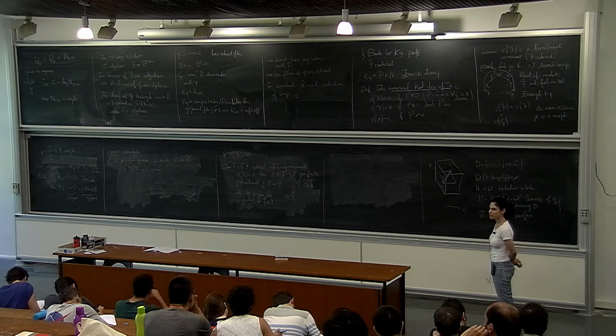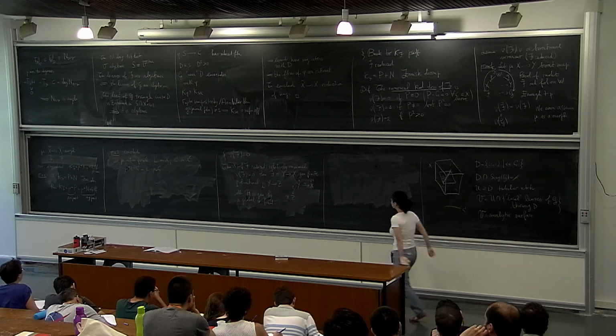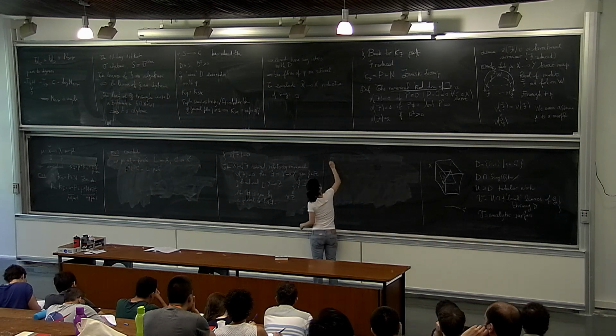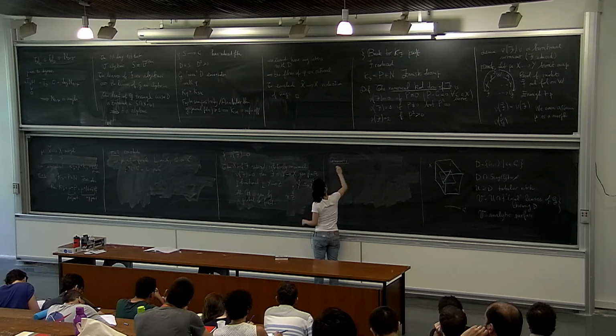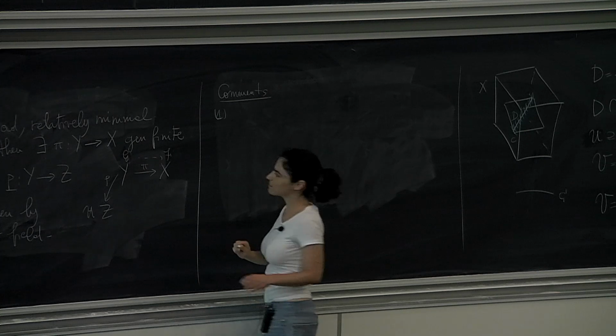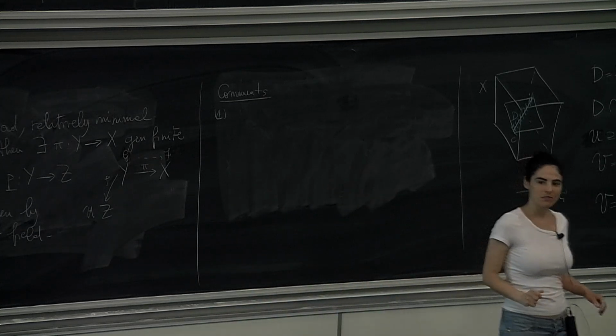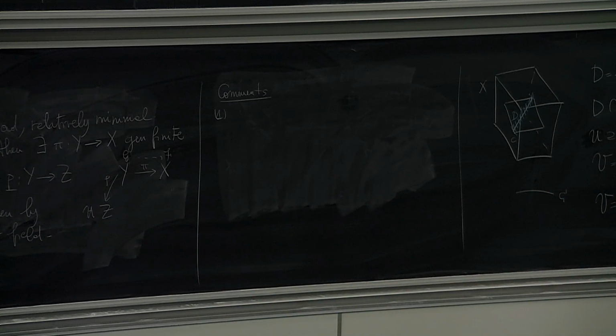OK, so maybe first of all, some comments. First comment, what does it mean in terms of the canonical of the foliation to be generated by a global vector field?